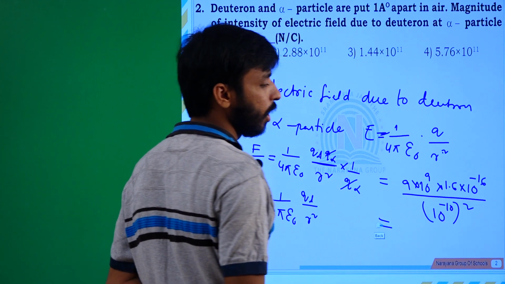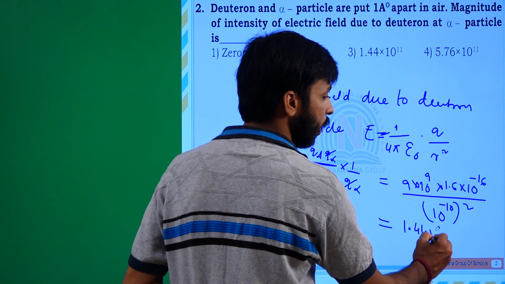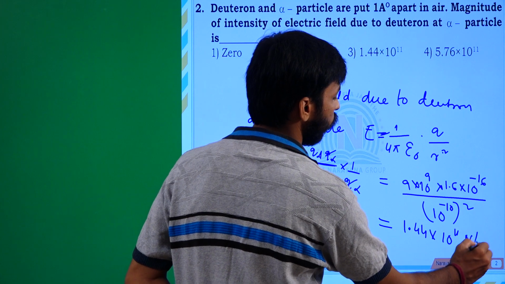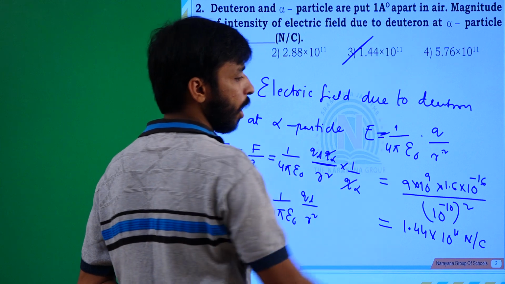By using this we will get the value 1.44 into 10 power 11 Newton per coulomb. I think it is the third option.